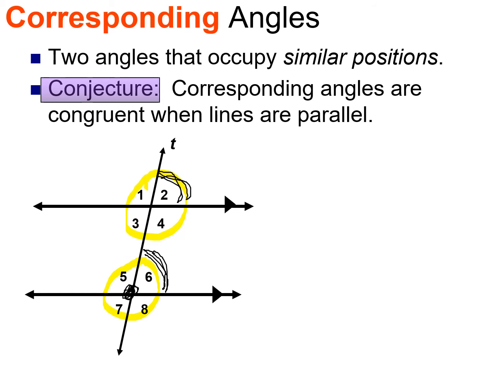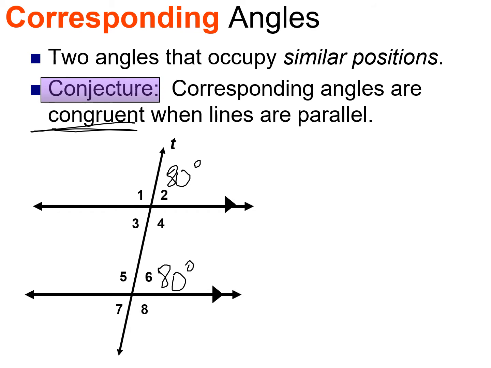So 2 and 6 would be called corresponding angles to each other. And when the lines are parallel, this is the rule about it, corresponding angles are congruent when the lines are parallel. So if I had 80 degrees here for angle 2, angle 6 would match at 80 degrees because they are corresponding in that same position.